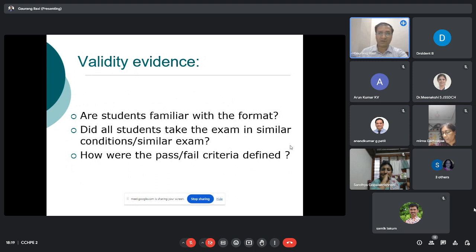Like in the previous exam, what we saw, the test conditions were different for all the 4 classes, so therefore the validity of that assessment goes down. How were the pass-fail criteria defined?